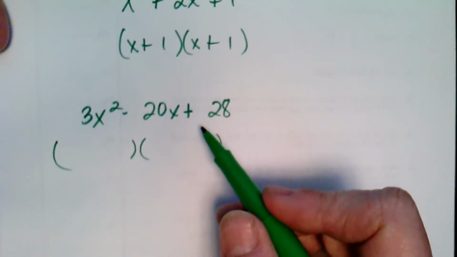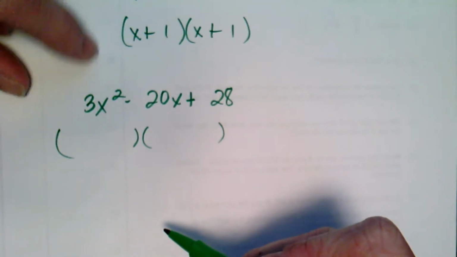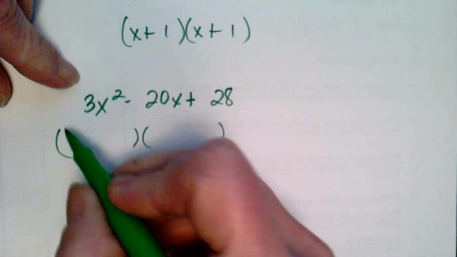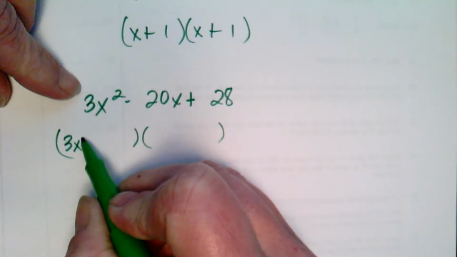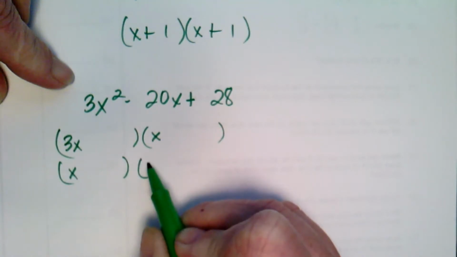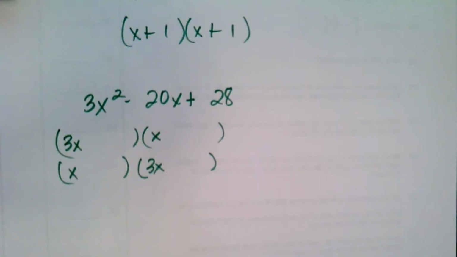So this is the problem with the test and guess way. And this one isn't really a hard one compared to how they could be. But in this case, we could have 3x and x, or we could have x and 3x. So there's one variation of what the front could be.